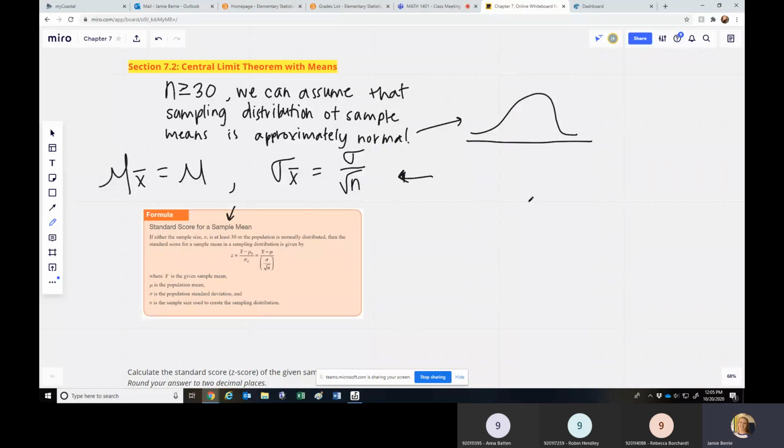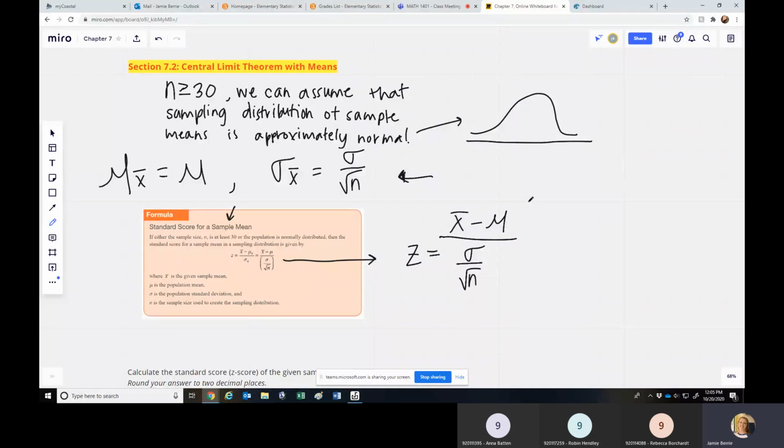Okay, so the next formula that we have is the standard score for a sample mean. This is really simple, and the only part you need to know is just this n part right here. I'm going to rewrite it. This says that if your sample size n is at least 30, or if the population is normally distributed, then the standard score for a sample mean in a sampling distribution is given by this standard score formula: z equals x bar minus mu, divided by sigma divided by the square root of n.